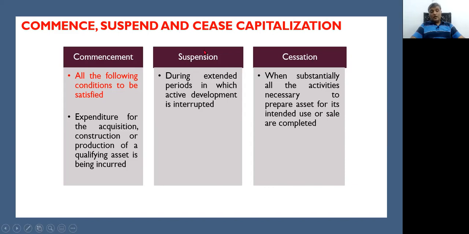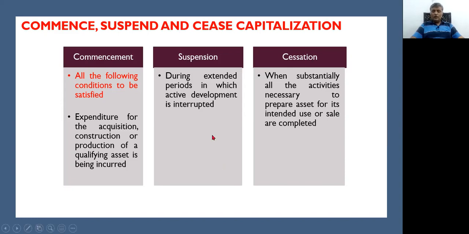That's called suspension. But just because you are suspending it, one cannot say that I will not capitalize the borrowing cost. Whenever active development is interrupted, only for that period you need to suspend it. Otherwise, if there is only a temporary delay, like in my example of constructing a bridge over a sea, and maybe for a 10 or 15 day period you have high tides in that area, you need not suspend the capitalization in that phase.